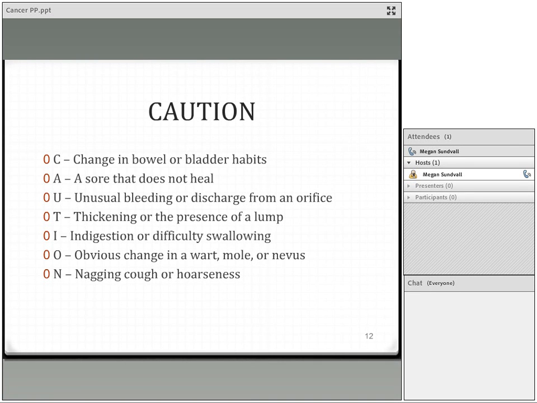A nevus is like a birthmark or another mole. N is a nagging cough or hoarseness. So when we see obvious changes, say in a mole or a nevus, that would be a warning sign that would, as a nurse, push me to do further investigation or assessment of what's going on with the patient.